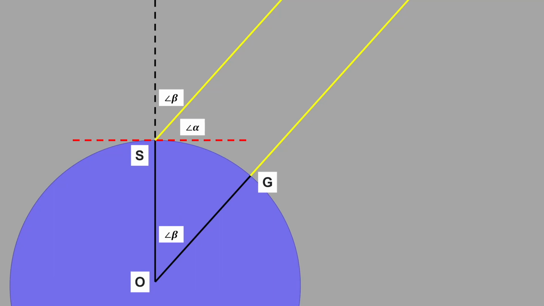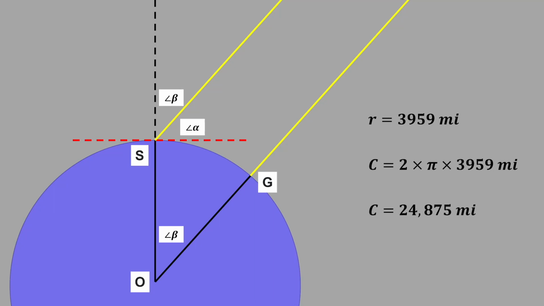Pretty easy. And the circumference of a circle is obviously a function of its radius. So let's plug in 3959 miles as a radius. The circumference is 2 times pi times the radius, which is 24,875 miles. And 24,875 miles circumference on a 360 degree circle is 69.1 miles per degree.